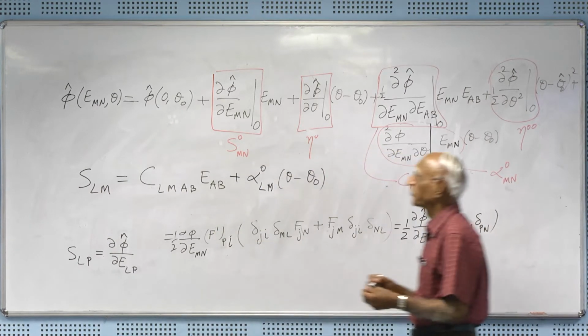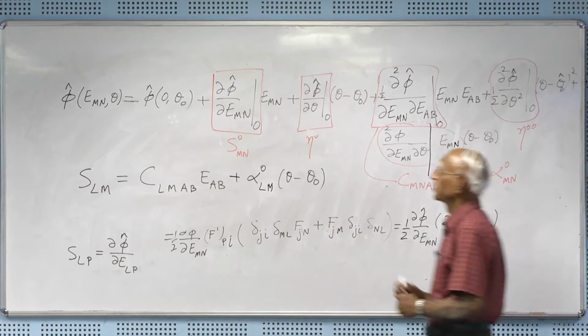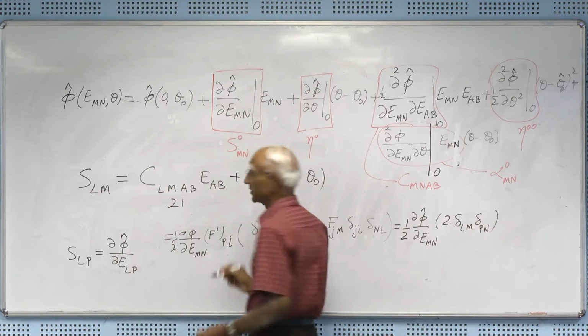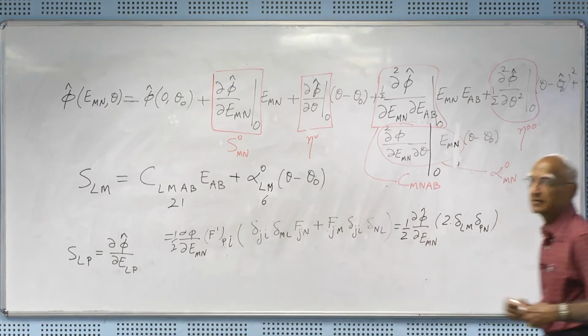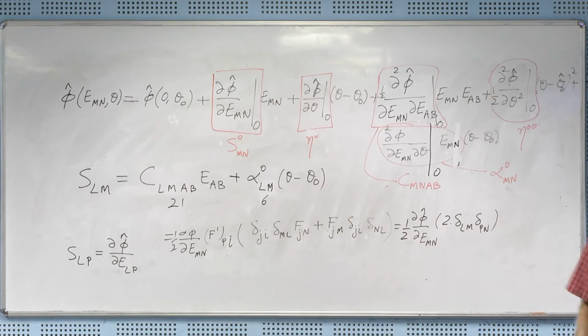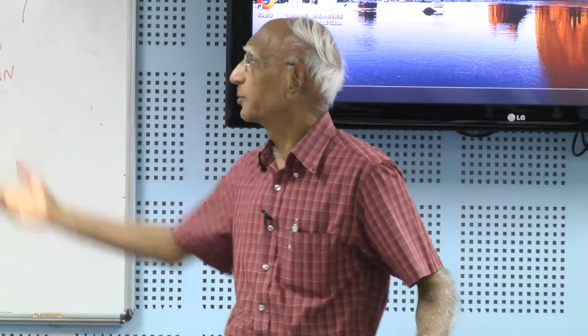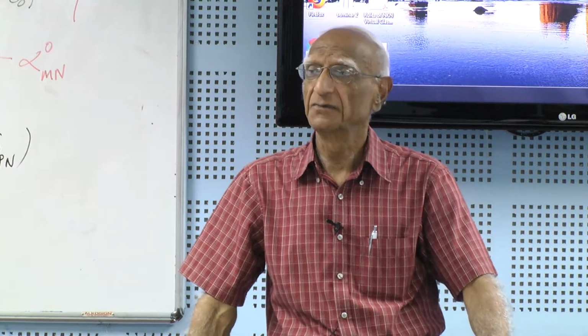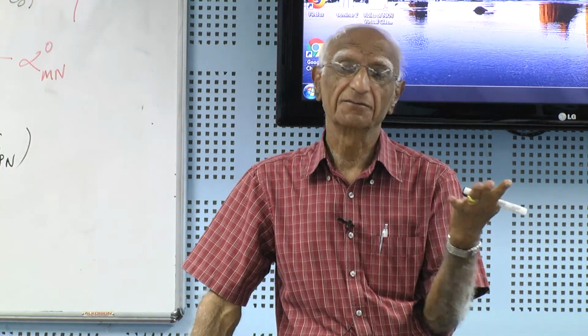So now we need to find 21 of these and 6 of these. If you are doing a purely mechanical problem, then you can forget about alpha Lm, say, like no temperature change. So we still have to find 21.